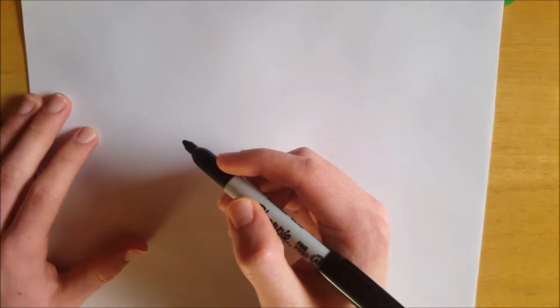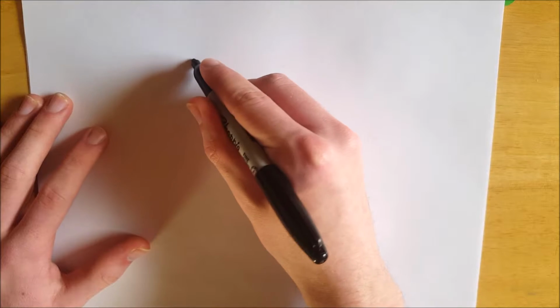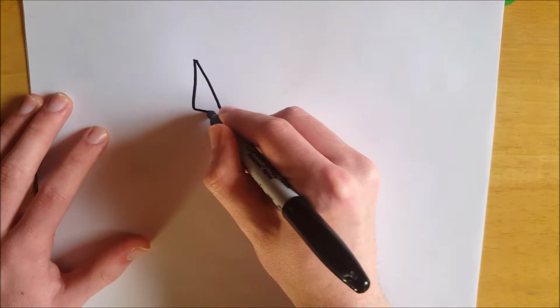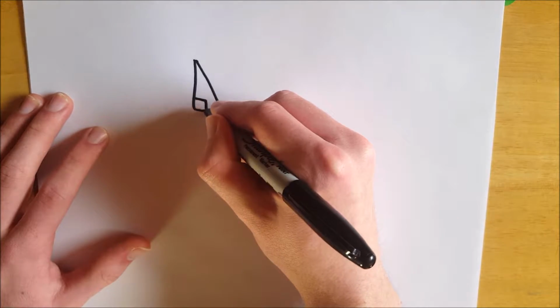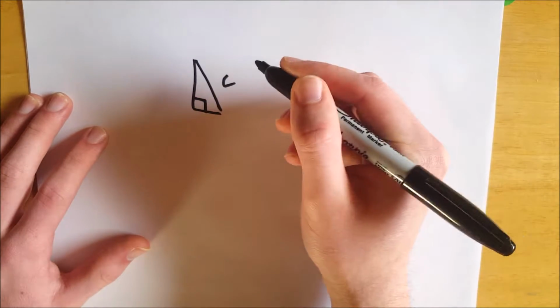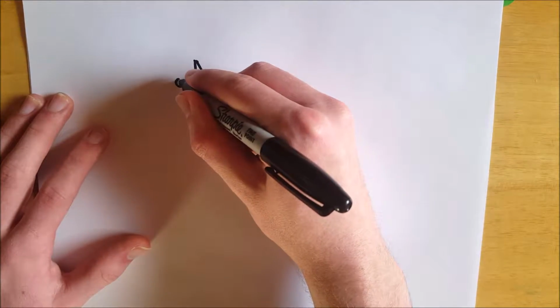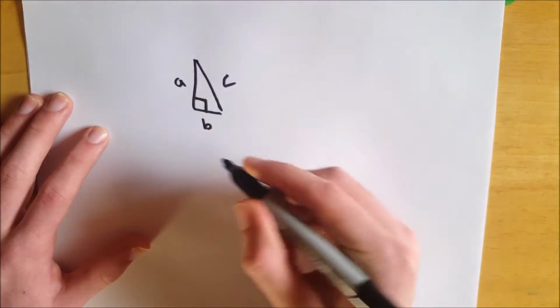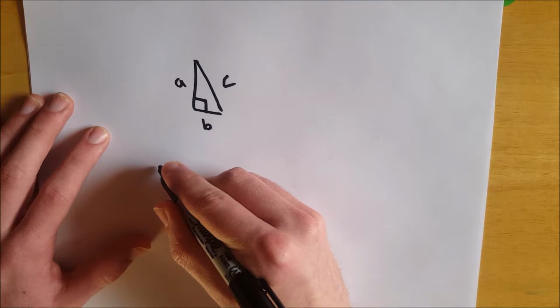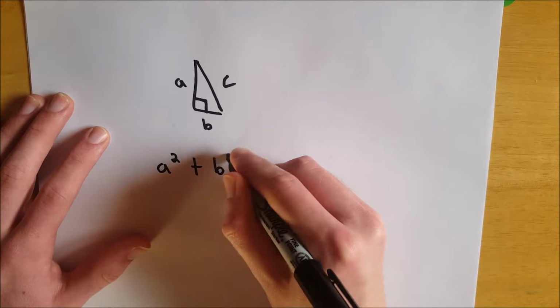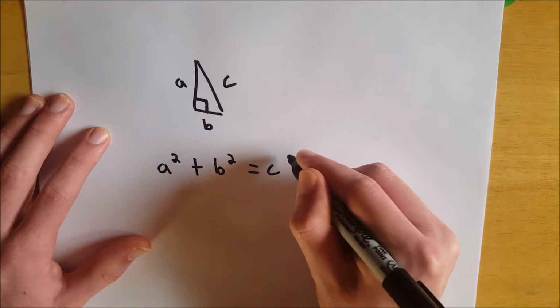In today's video, we're going to quickly go over what the Pythagorean Theorem is. So the Pythagorean Theorem says that for any right triangle, that is a triangle with a right angle, the sum of the squares of the two legs, A and B, is equal to the square of the hypotenuse, which we'll call C. Written out in mathy terms, that's a squared plus b squared equals c squared.